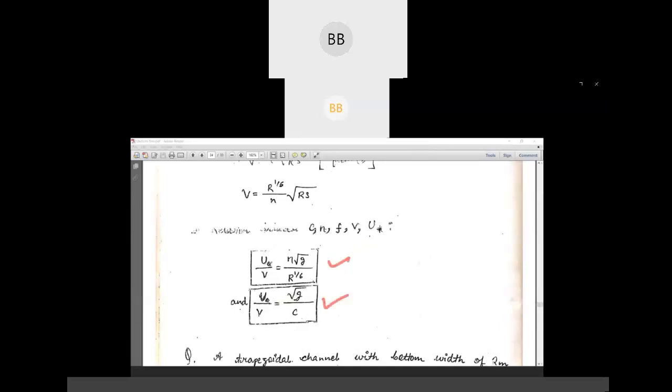U star, that is your shear velocity, divided by velocity is equal to Manning's n root over g divided by R to the power 1 by 6.